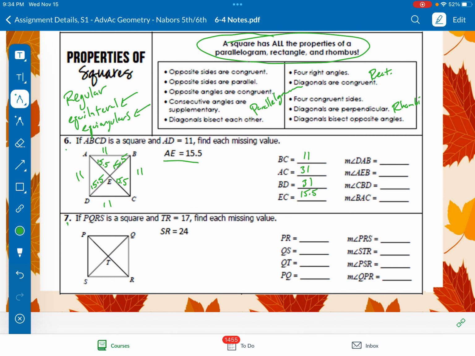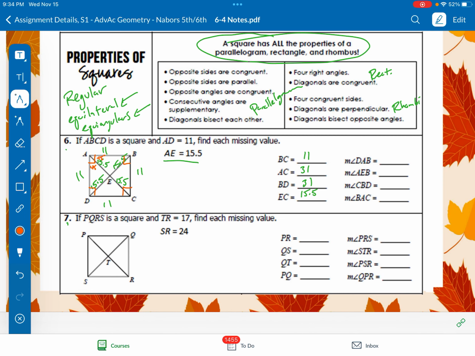Now let's do the angles. Since this is a rectangle, we know that all of these are 90 degrees. And since it's a rhombus, we know that each of these diagonals bisects it. So 90 divided by 2 is 45. So all of these individual angles are going to be 45 degrees.